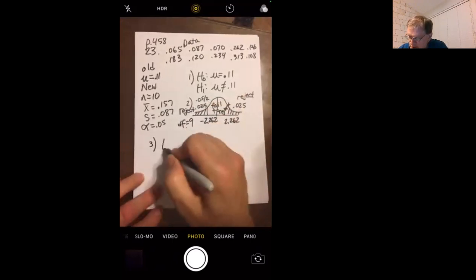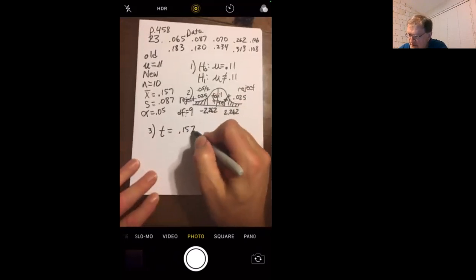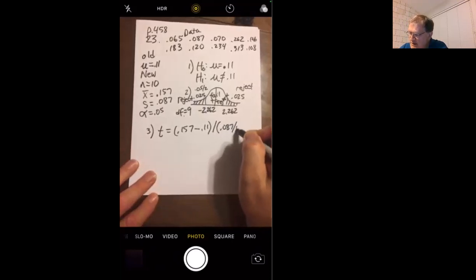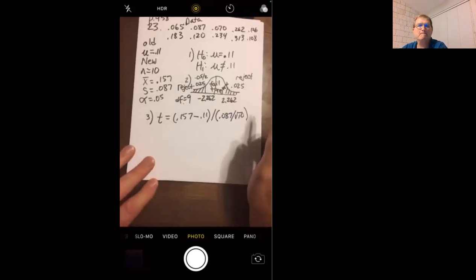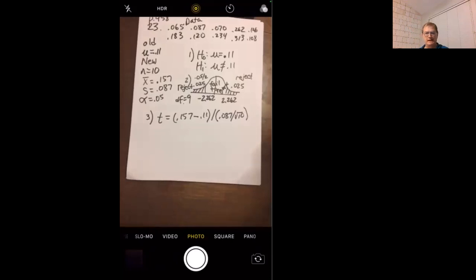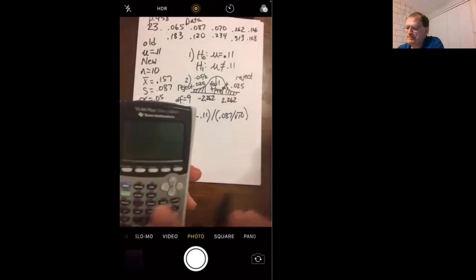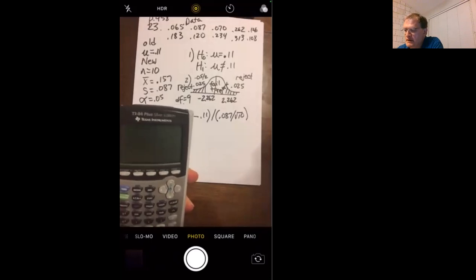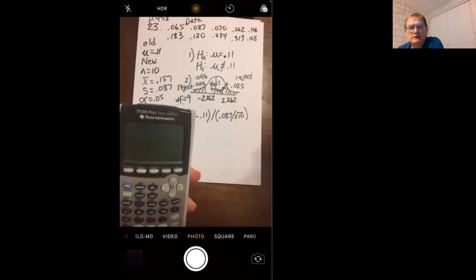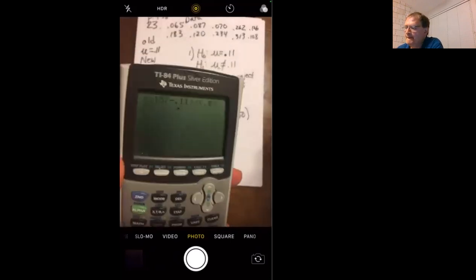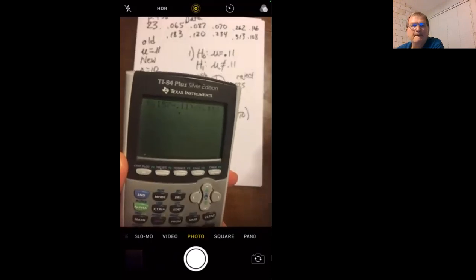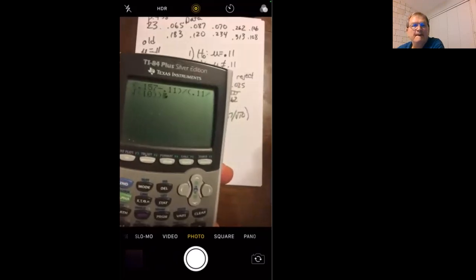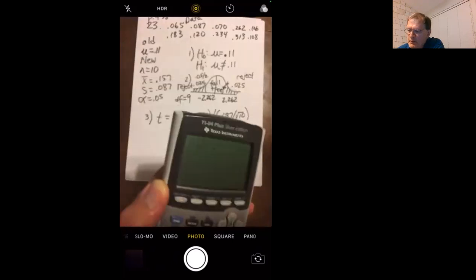So when we go to step 3, our t is new, 0.157, minus old, 0.11, divided by 0.087, which is divided by the square root of 10. Wait a minute, 0.087.